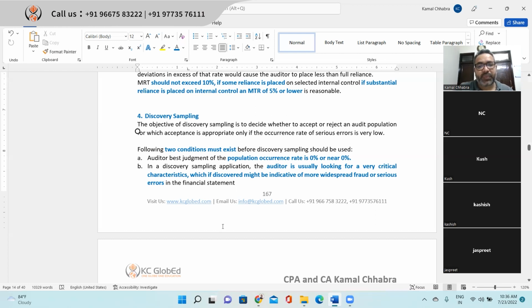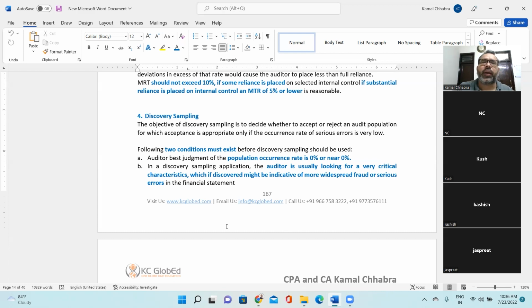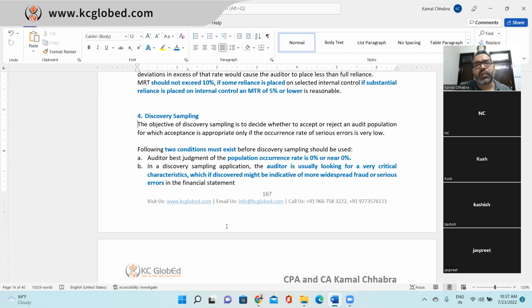For which acceptance is appropriate only if the occurrence rate of serious error is very low. That means when you are downloading the data and doing all the cleaning up activity, and after that you put the data into the tool, you do the reconciliation of the items in the tool and the values coming from the respective journal ledgers.